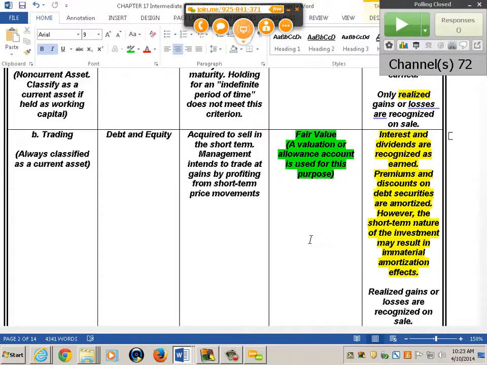The difference, let me see if I can, I'll move this out if you can't see it, just for this purpose. So on the balance sheet, you're going to see the security itself, and that's going to be trading.